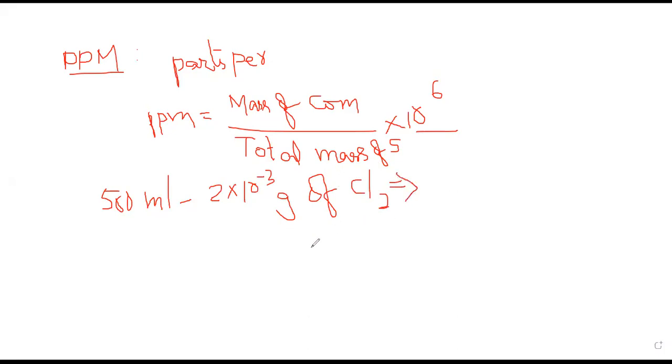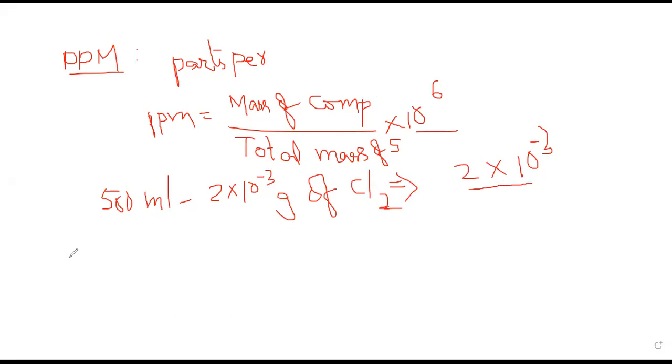Convert this into ppm. Can anybody convert this into ppm? How to calculate? Mass of the component is 2 into 10 to the power of minus 3 divided by total mass of 500 ml.